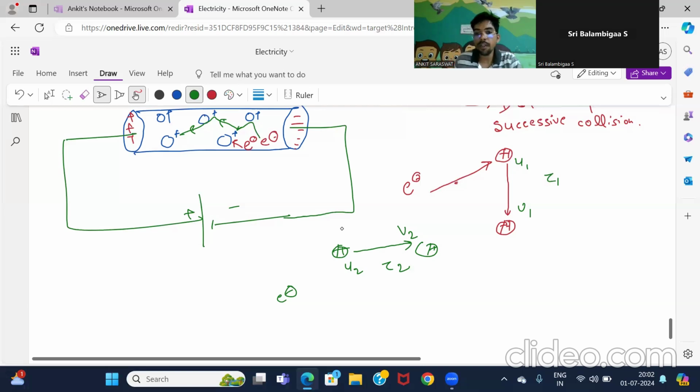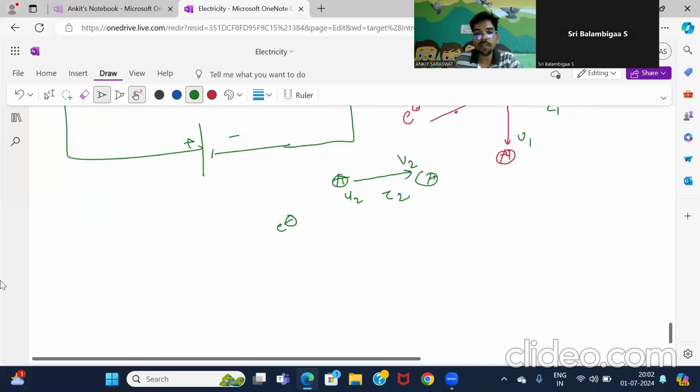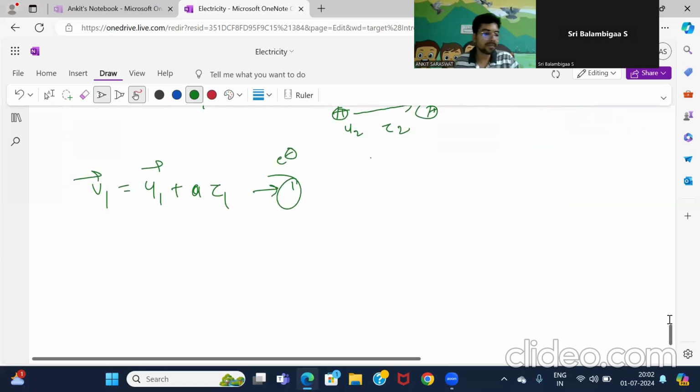Clear? For every electron, if I ask what is v1, v1 for this electron is u1 plus a tau 1, equation 1. Can I write like this? For one electron at a particular instant of time, I am just asking. Clear? In the similar manner, this electron is having v2.